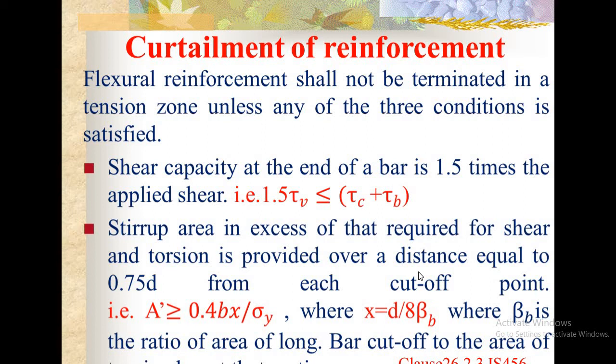The stirrup area in excess of that required for shear and torsion is provided over a distance equal to 0.75 d from each cutoff point, that is a greater than or equal to 0.4 bx divided by sigma v, where x is equal to d by 8 sigma b, where sigma b is the ratio of the area of long bar cutoff to area of tension bar at that section.